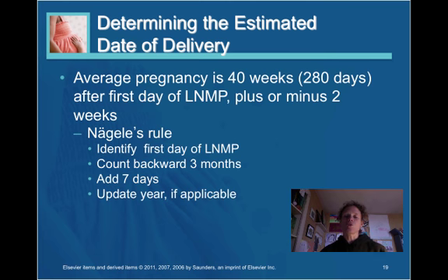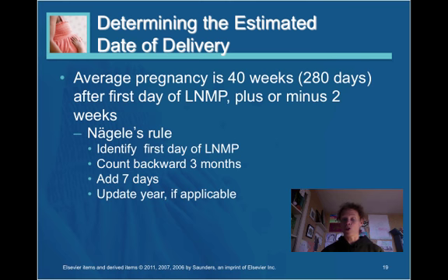So let me show you an example. Let's say that a patient comes into my office and she says, my last normal menstrual period was April 7th or April 8th. Okay, so I'm going to count backwards 3 months.